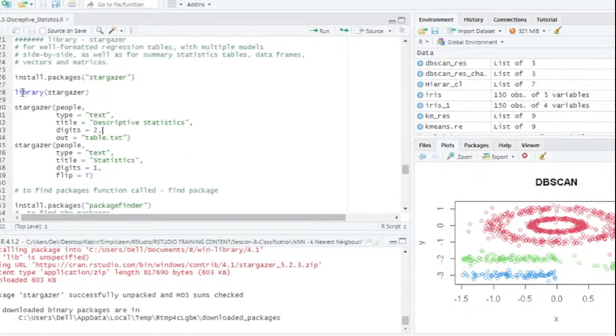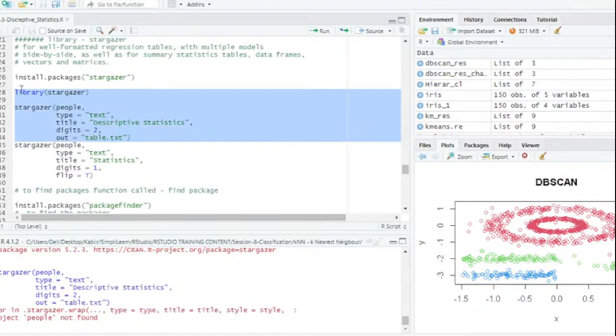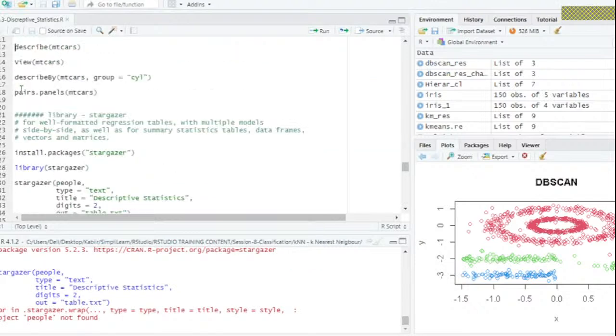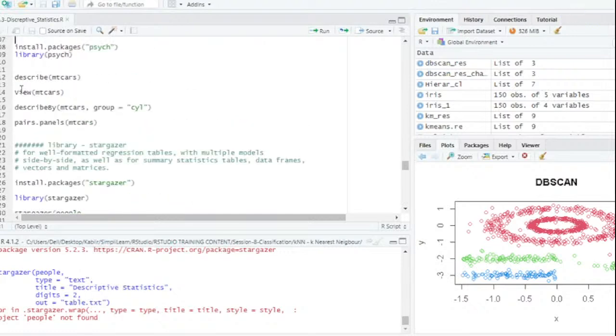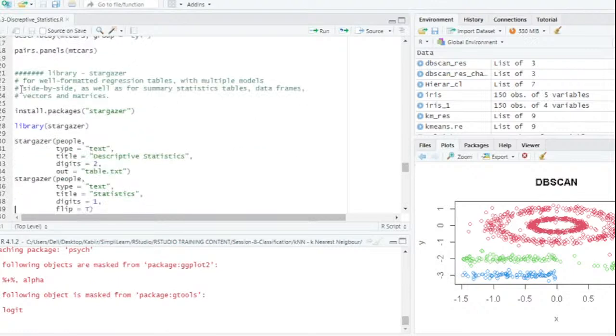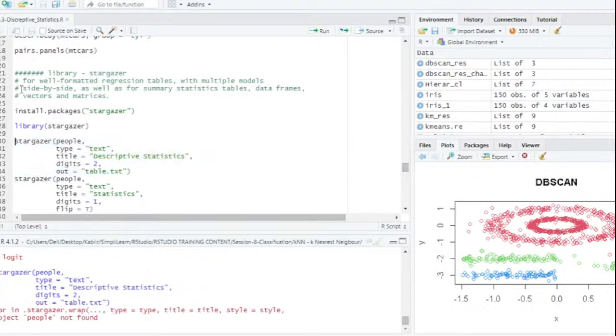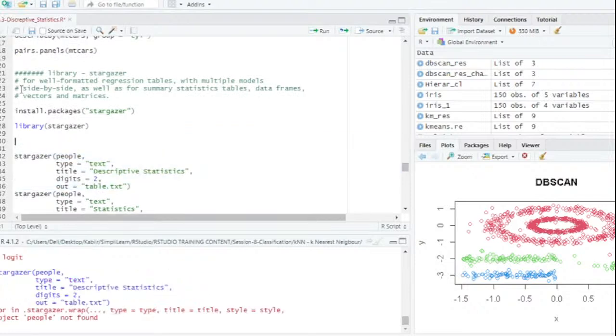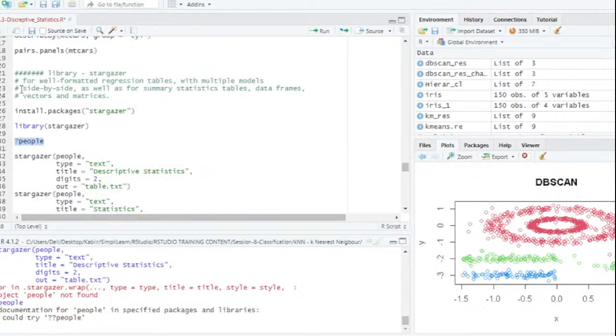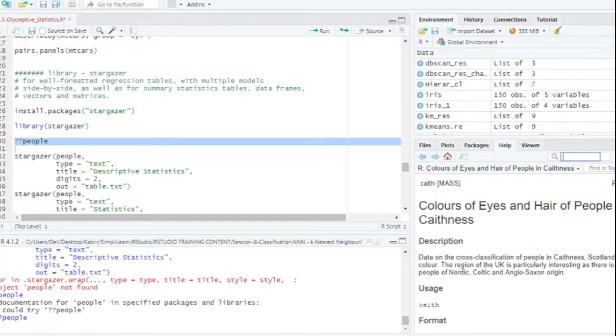If I run the Stargazer package, look at the output that I'll get. People. MASS.